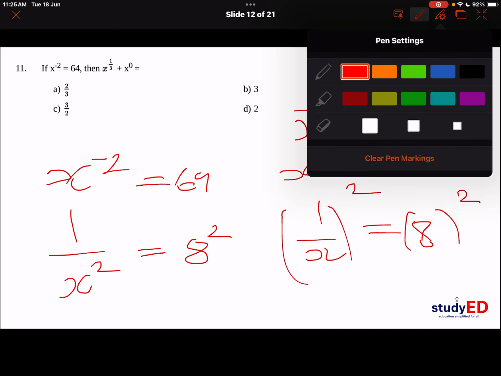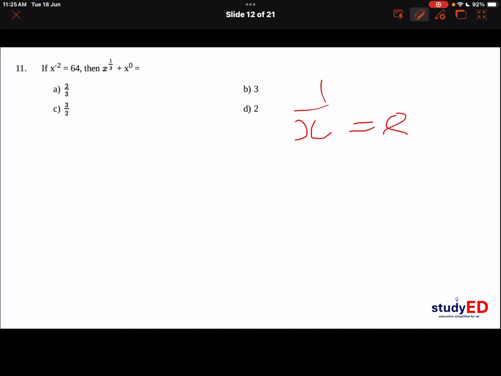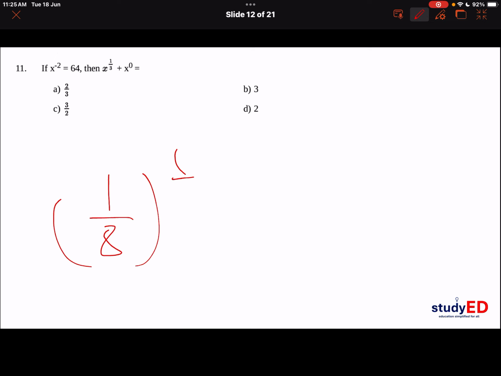This information is somewhat enough for us to proceed because we see we have a cube root and 8 is also a positive cube. So (1 by 8) to the power 1 by 3 plus (1 by 8) to the power 0. This is a cube root. We know that 2 cube is equal to 8.